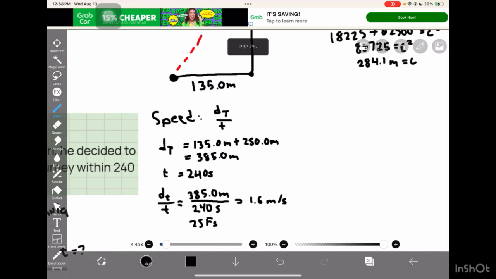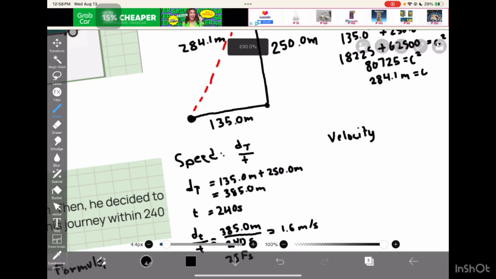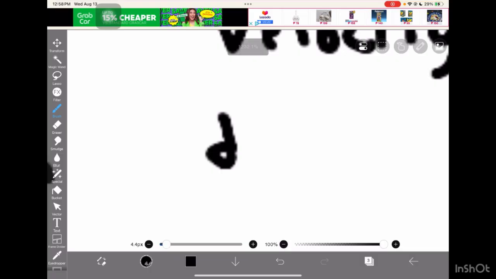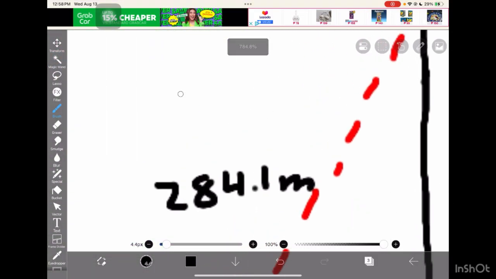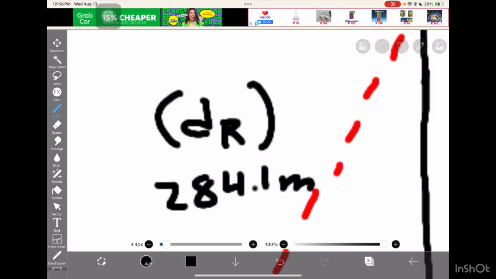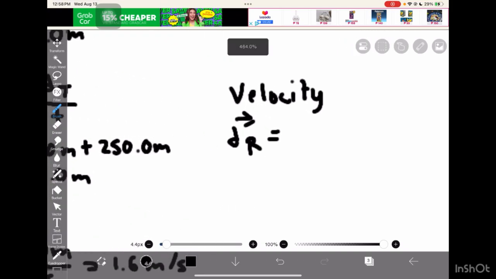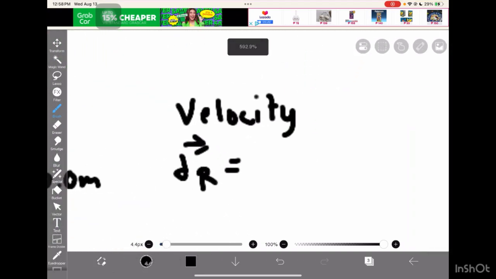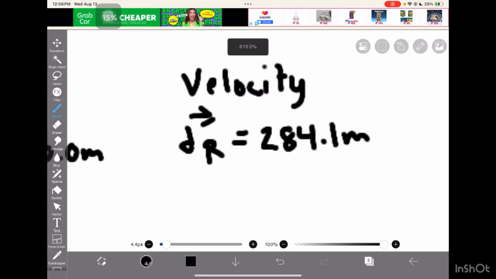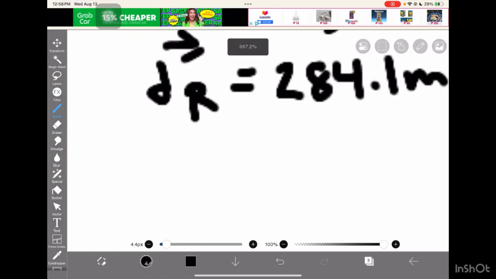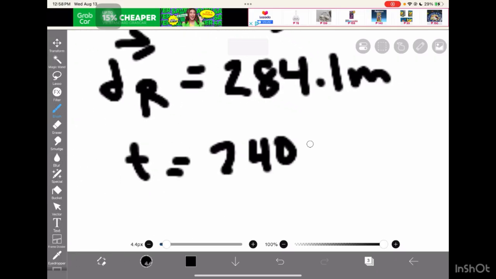Next, velocity. Now that we have d sub r, let me just make that clear. This is your d sub r. And to find that is already given. We have used the Pythagorean theorem. So you do 284.1 meters, and same time is 240 seconds.